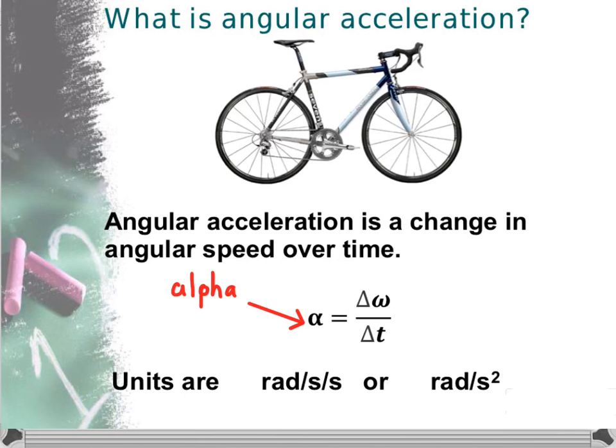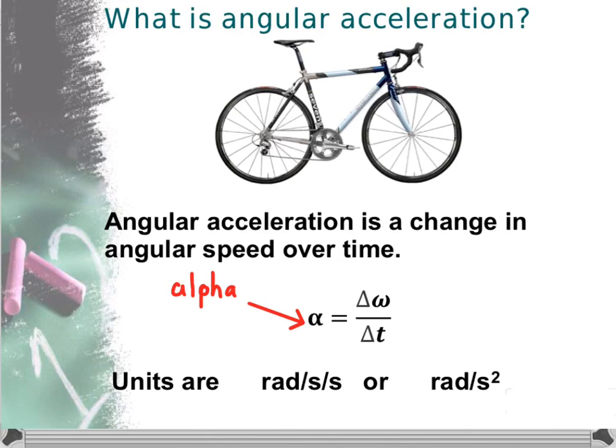So we're going to use alpha for angular acceleration, just like we use omega, another Greek letter, for angular speed, and for angular displacement, we use a third Greek letter called theta. There's a pattern going on here with all these Greek letters. The units of angular acceleration are radians per second squared.